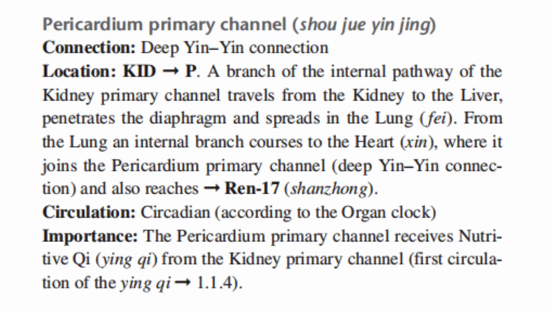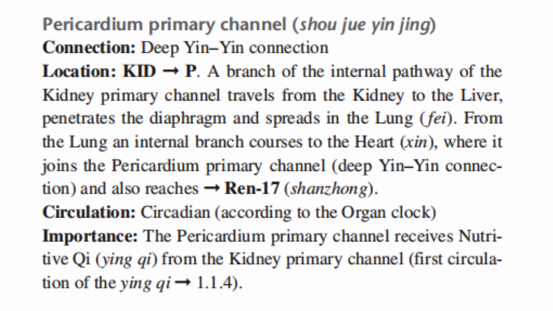A branch of the internal pathway of the kidney primary channel travels from the kidneys to the liver, penetrates the diaphragm, and spreads in the lung. From the lung, an internal branch courses to the heart, where it joins the pericardium primary channel, which is the deep yin-yin connection, and also reaches REN17.